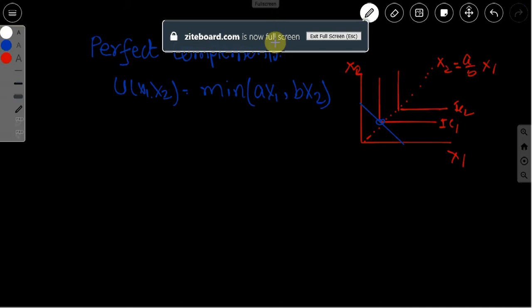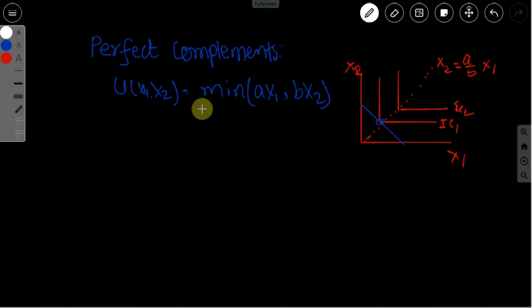In this video, I'll talk about the derivation of Marshallian demand functions in case of perfect complementary goods. So the perfect complementary goods are those goods that have to be consumed in some fixed ratio.